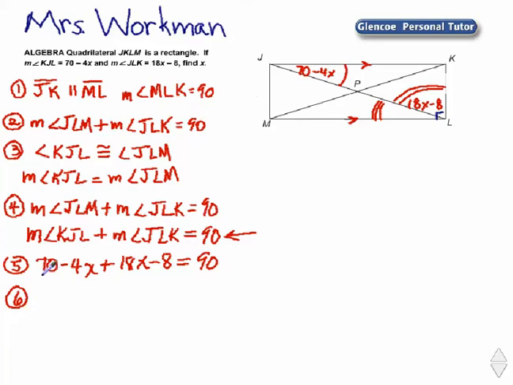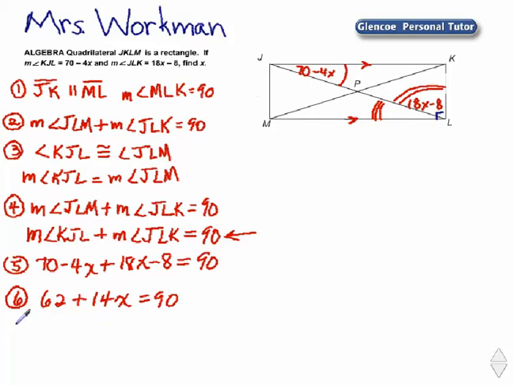Let's combine like terms. 70 minus 8 is 62, and negative 4x plus 18x is 14x. So the equation becomes 62 plus 14x equals 90.